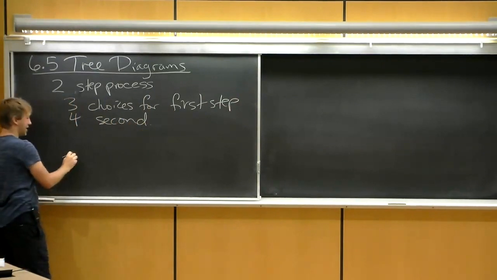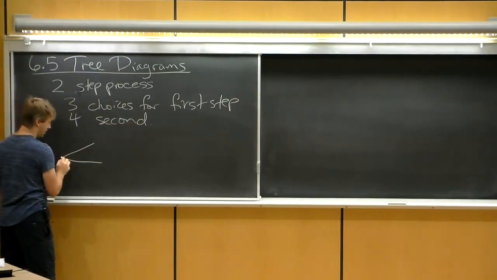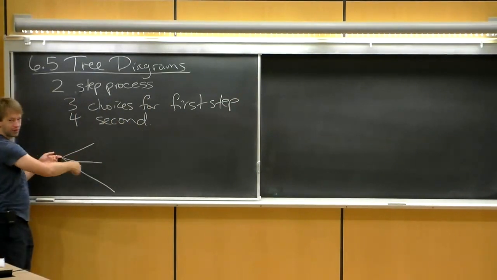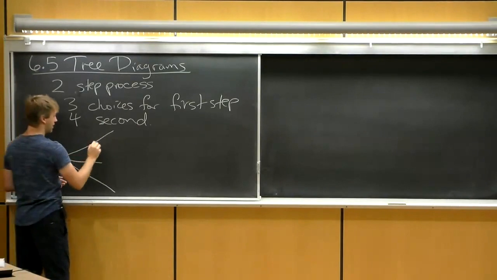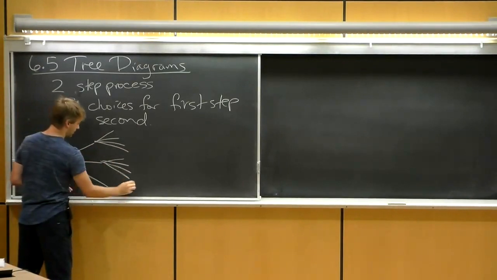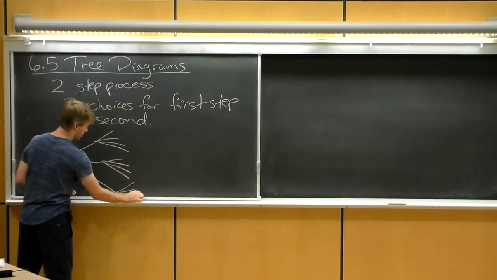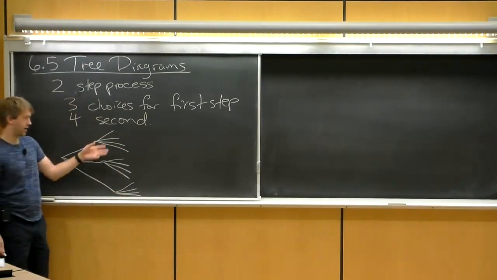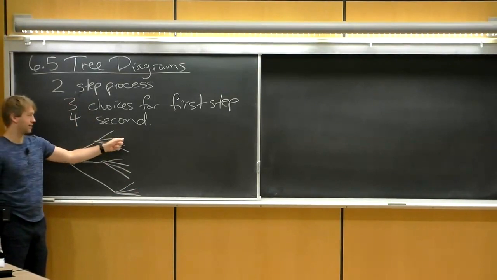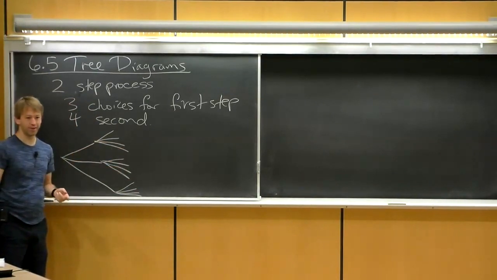To visualize things, we sometimes drew diagrams with 3 possibilities for the first step, 4 for the second, and then you could see there's 12 in total, because if you add up all these things, you get 12, right?